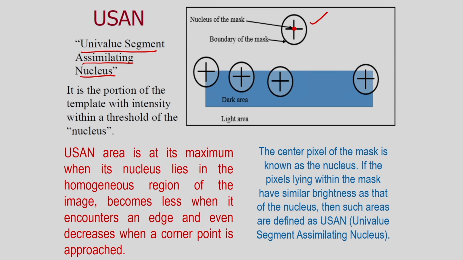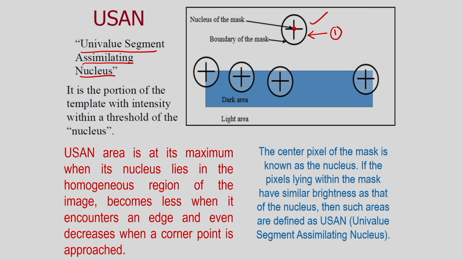So, it is used to determine whether the pixels lying within the mask have similar brightness as that of the nucleus. In this figure I am considering three cases. The first position is the homogeneous region, and in the homogeneous region the USAN area is maximum.